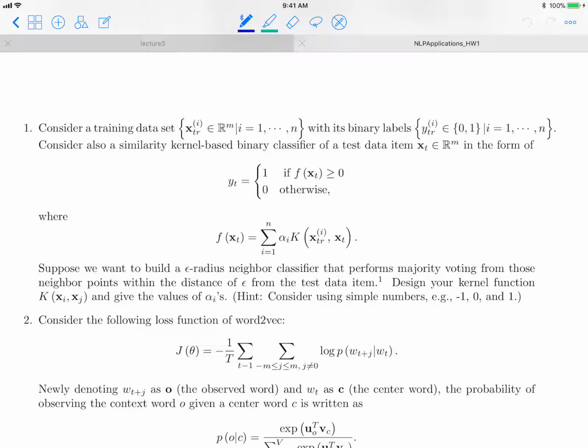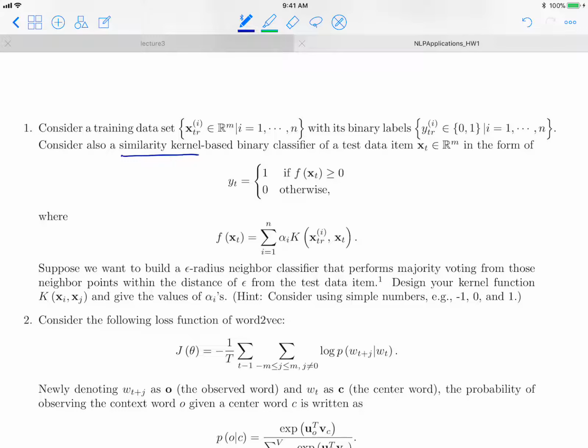It's related to similarity kernel-based binary classifiers. One representative example of a kernel-based classifier is a support vector machine, right? But even before thinking about complicated processes in a support vector machine, I wanted you to think about simple and intuitive settings and design your own simple similarity kernels that work as a radius neighbor classifier.